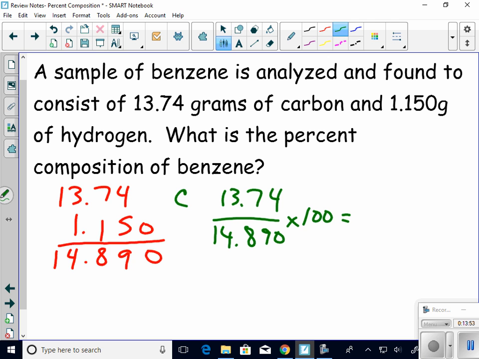And that is going to give me 92.28%. Now I'm taking this to 4 significant figures because both of my values up top have 4 significant figures.